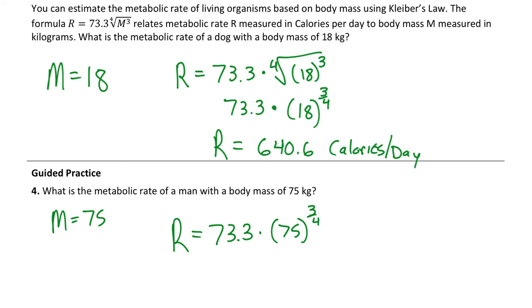So 75 to the 3/4 power times 73.3. So the rate there is 977.6. I would say 0.6 calories per day.